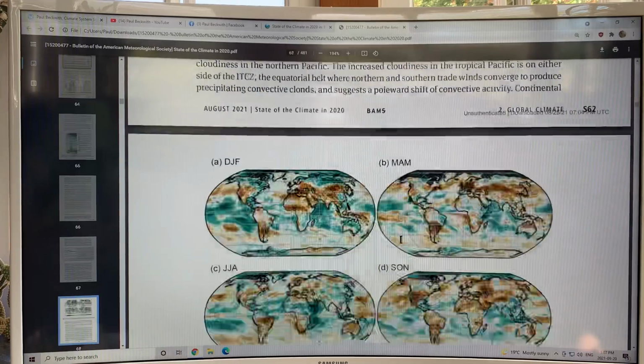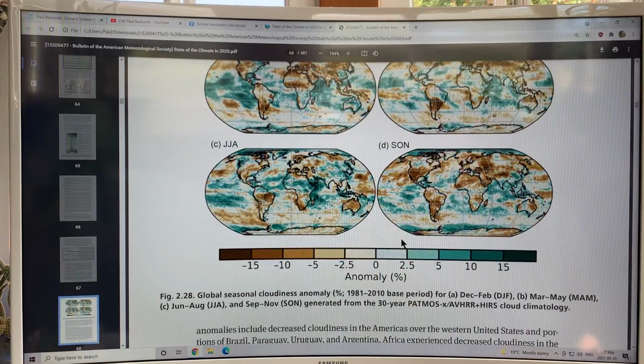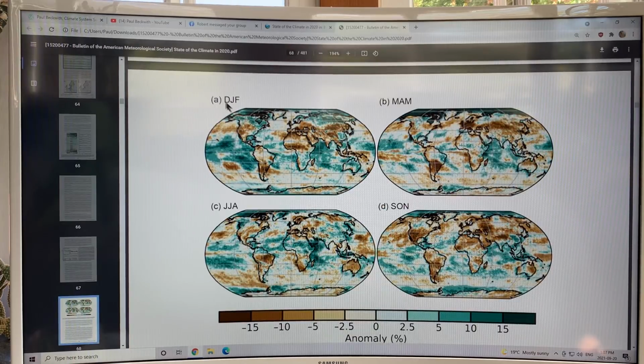Indian Ocean dipole. This is global seasonal cloudiness anomalies. This is very important. This is December, January, February, March, April, May, June, July, August, September, October, November. So what we're seeing is over the land, we're getting fewer and fewer clouds in general for most months of the year, not so much in the summer.